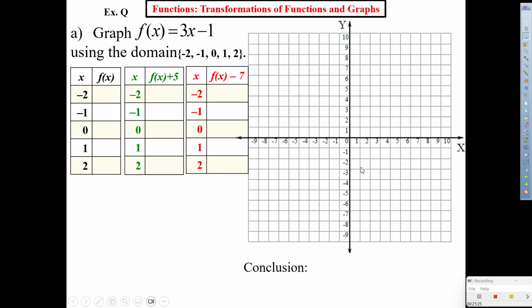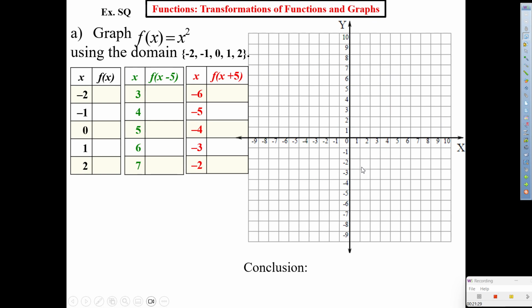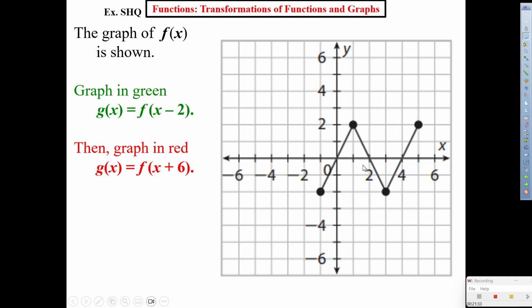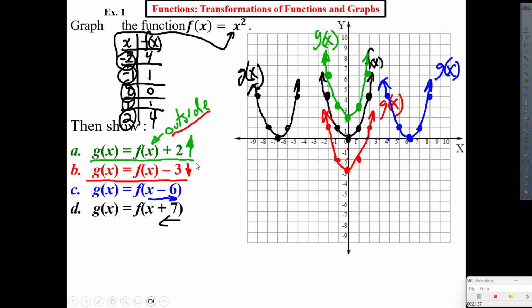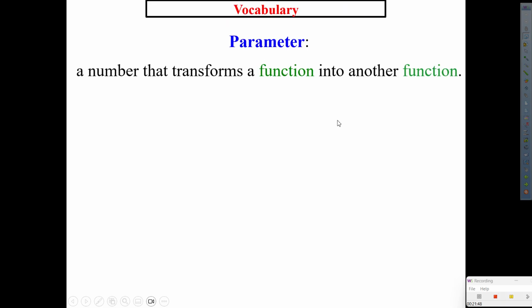So we covered this, we went to these, and then we ended up with some of these. We know what to do with each of these. We look for the number to see if it's outside or inside of the parentheses to know where it's going to move. And then we end up with our general rule.